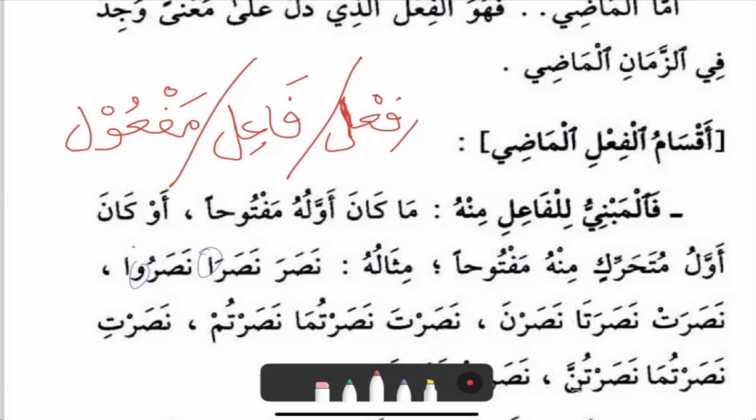Fi'l, that's a noun. A doing or an action. Fa'il, doer. Maf'ul, done. These three meanings, you need to keep them always. This is fundamental for understanding a lot of things. Doing, doer, and done.